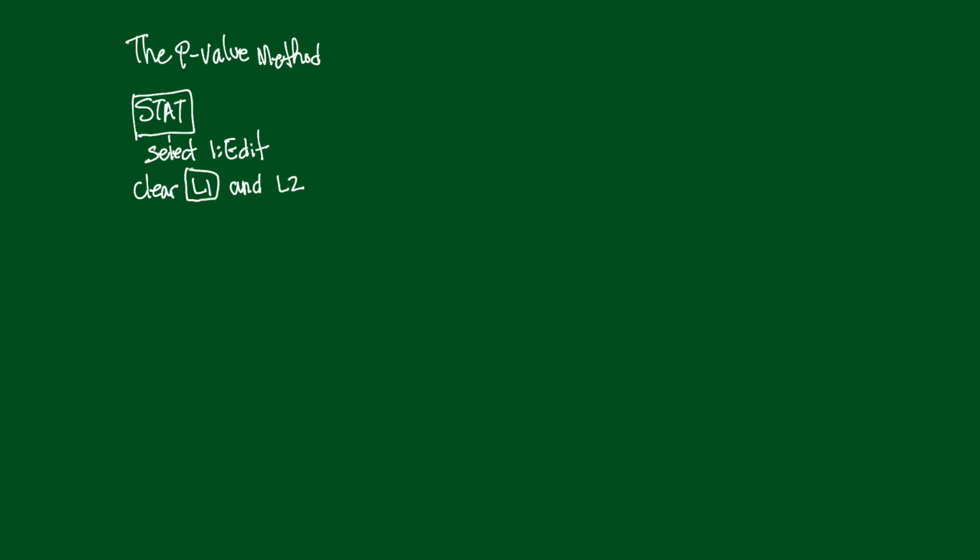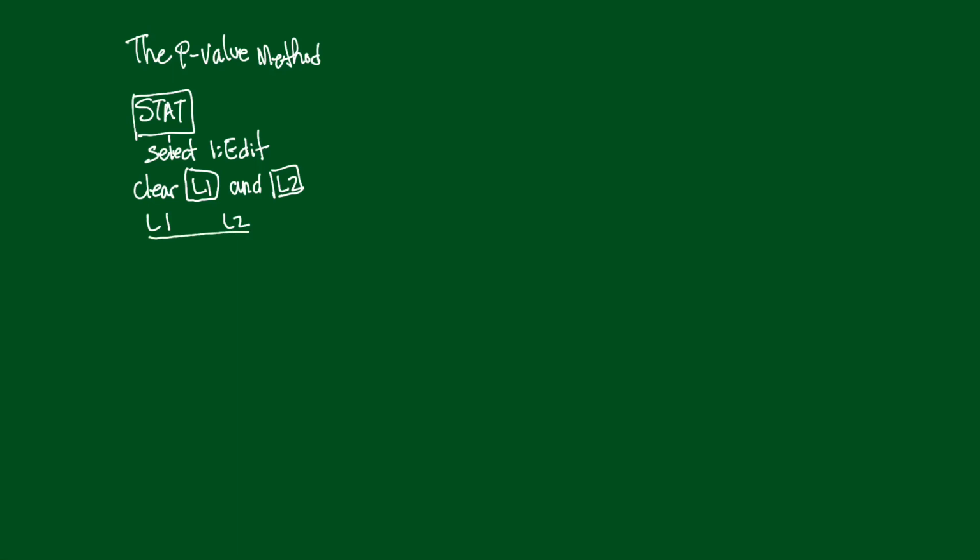Press clear, and then enter. Then cursor over to L2, highlight it, press clear, and enter. So those two lists should be clear now. Get your cursor back into L1.